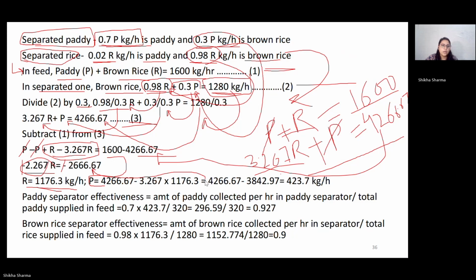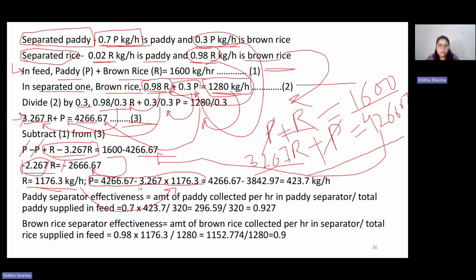Now we can put the value of R in the third equation. So P would be 4266.67 minus 3.267 into R. R is already calculated as 1176.3.